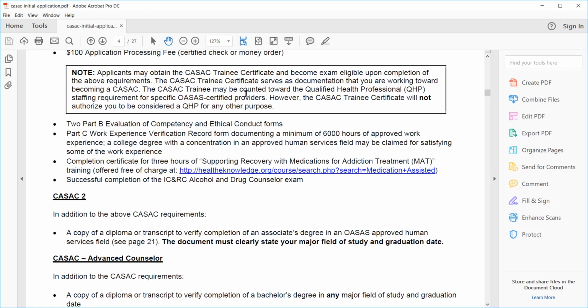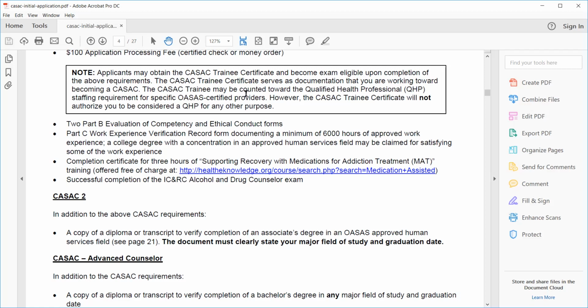However, this is where it gets a little bit tricky. You cannot identify yourself as a QHP until you get your K-Sac. So it makes sense to me if you look at this from the point of view that we are in a shortage of K-Sacs and helpers.